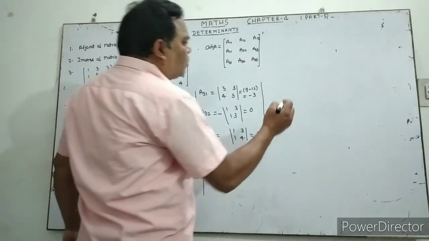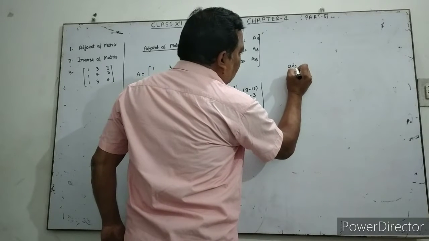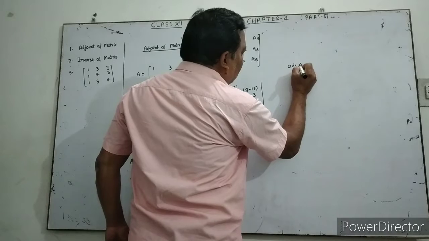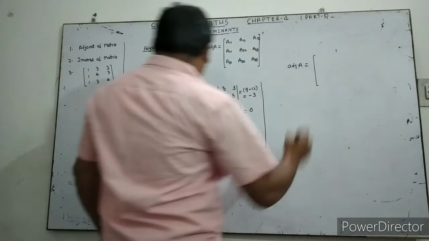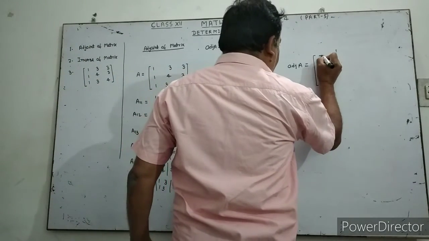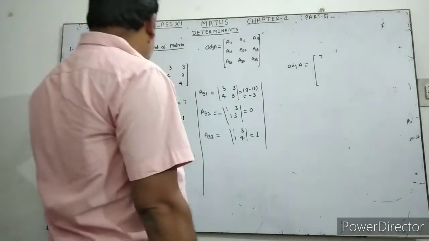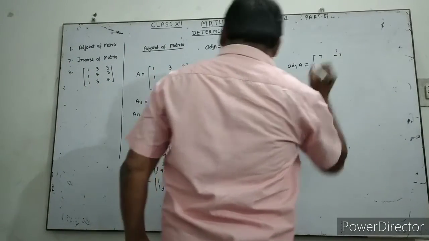Now, what is the adjoint A? Adjoint A equal to, now that A11 is 7, A12 is minus 1.